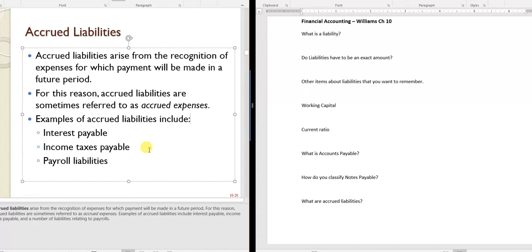So you probably at the end of every month have a lot of accrued expenses. So as of July 31st, you're going to have your utility bill, but it's not due until August 15th. So until August 15th, you have an accrued expense. So it's all just timing issues. Some examples are interest payable, income taxes payable, payroll liabilities, utilities payable, etc. All those things that you have bills for that you pay later, but as of month end, they have happened.